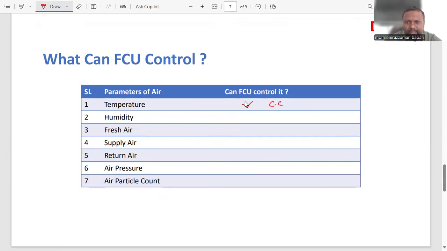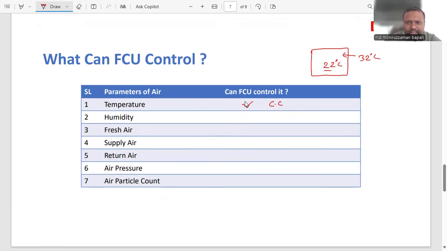For instance, let's say this is your space and you have a fan coil unit inside. If your requirement is 22 degrees centigrade, the fan coil unit must be able to meet this temperature irrespective of ambient condition. If the ambient is 32 degrees centigrade, it can bring it down to 22.